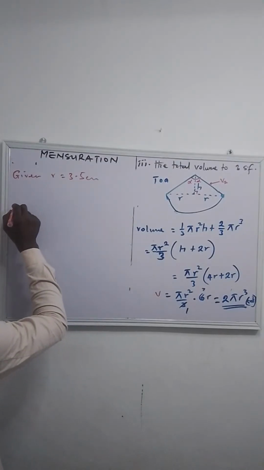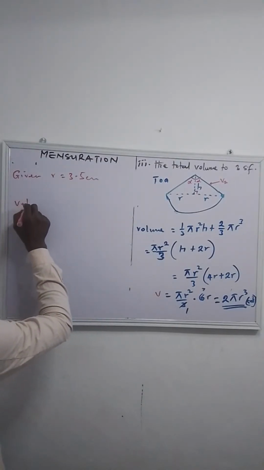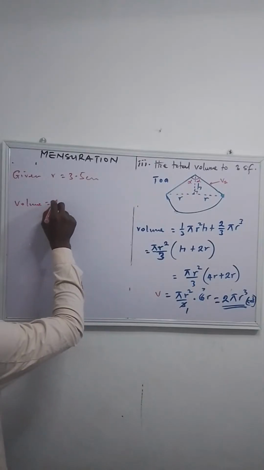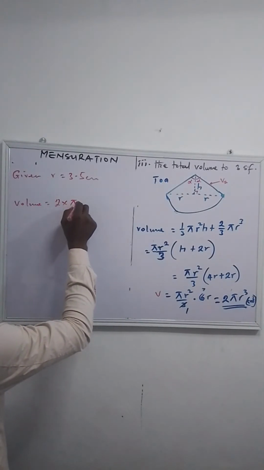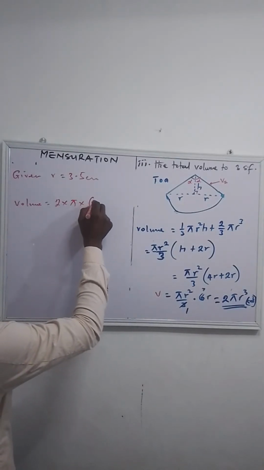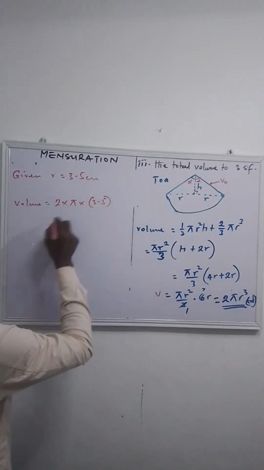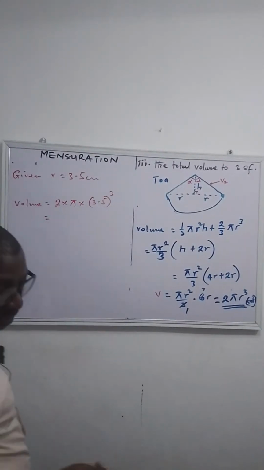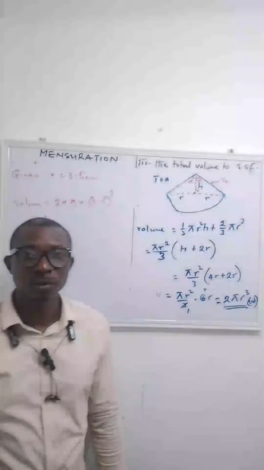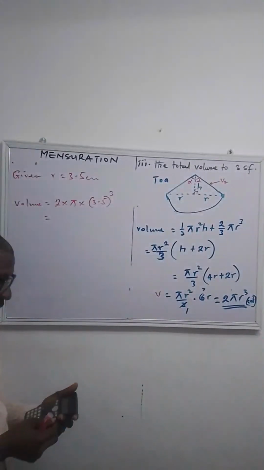So the total volume is going to be 2 times pi times 3.5 raised to the power of 3. You can compute that on your calculator and let's see what you're going to have.